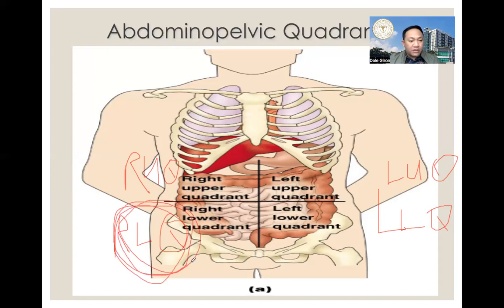One of the common medical emergencies, acute appendicitis, at very classic yan. Sometimes the patient presents with pain in the epigastric area sa gitna. Tapos after 1 day, pupunta yan sa right lower quadrant. Magko-complain yan na sakit doc na right side, the lower side. So you suspect that this patient has acute appendicitis. Okay?